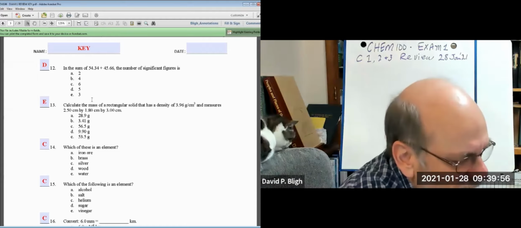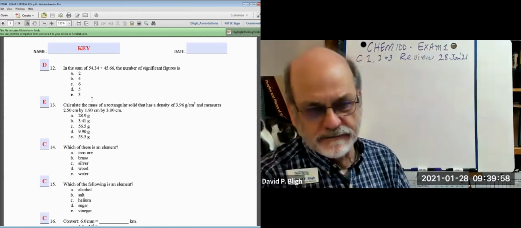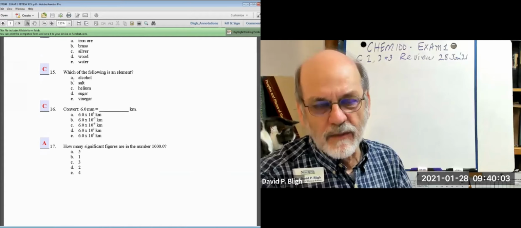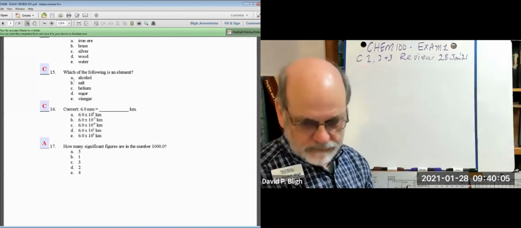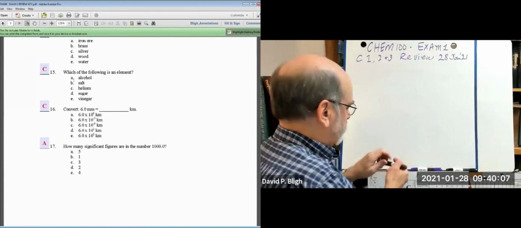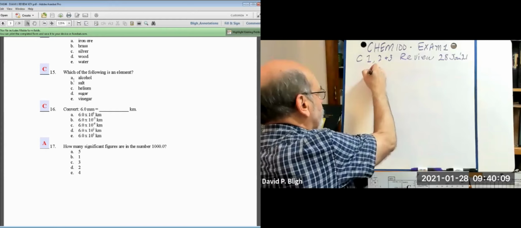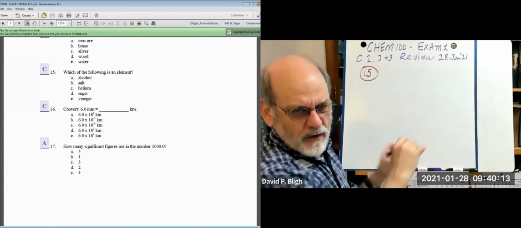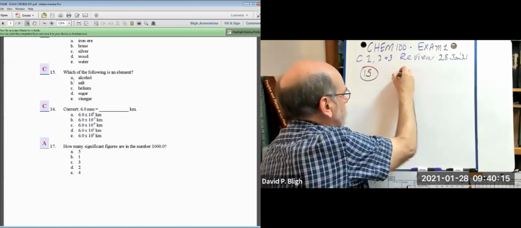Okay. Let's go down to 15. This is a reasoning question. Which of the following is an element? So we have alcohol, salt, helium.